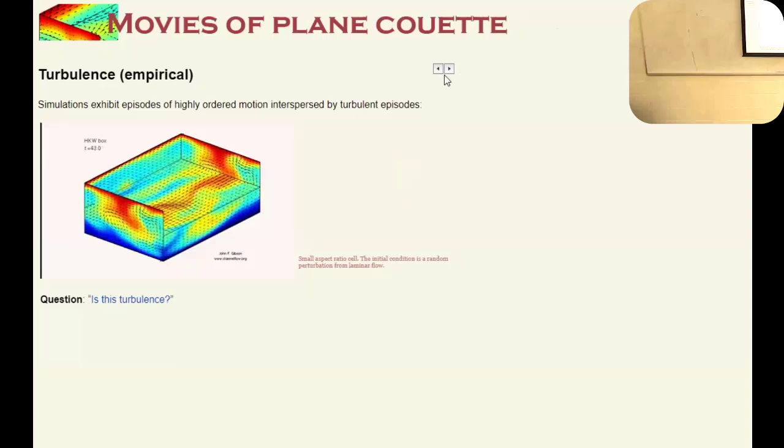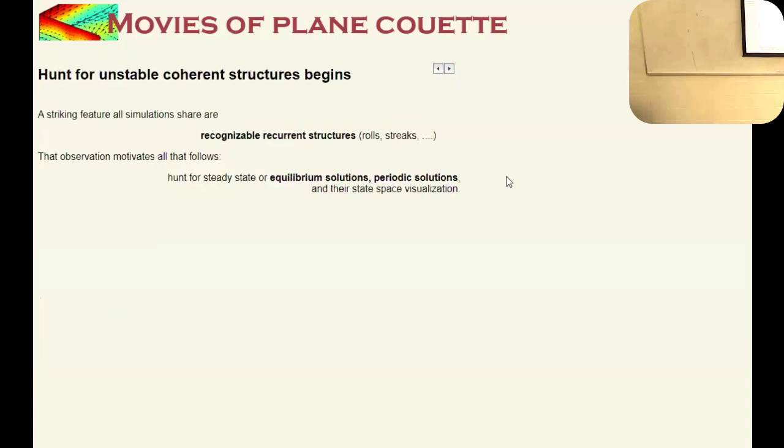So what you learn from any careful experiment or simulation, where you actually look at this, is that it has structures. And these structures are recognizable. And that says that if you're going to do a theory of this, you have to produce a catalog of structures, and then you have to tell me how likely the structures are.